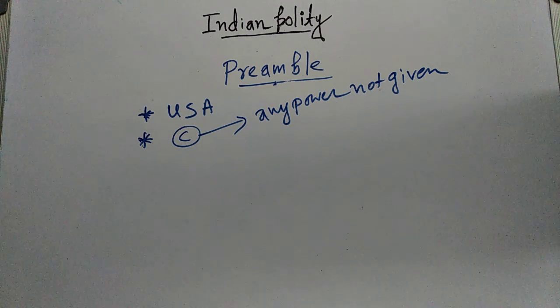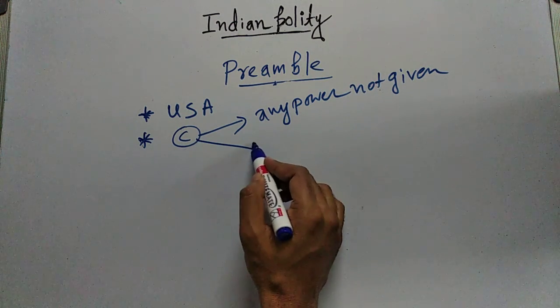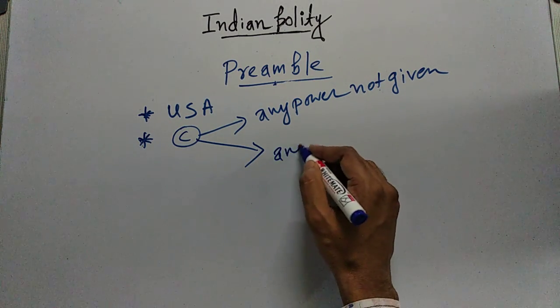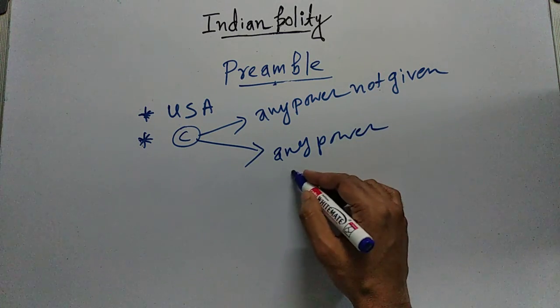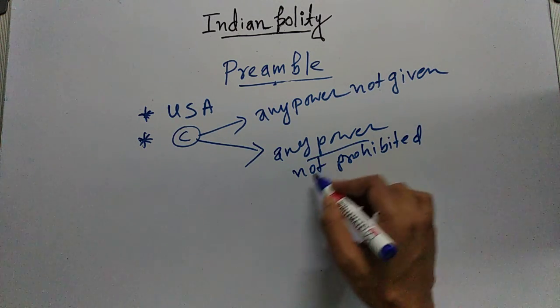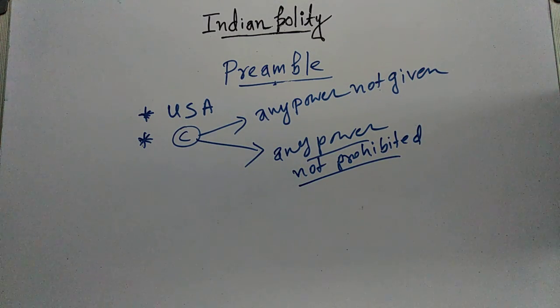That means the preamble can't provide any power that is not mentioned in the Constitution. That means the preamble is not the source of power. And let's take another situation where suppose any power is not prohibited by the Indian Constitution, then the preamble cannot prohibit that power. That means the preamble cannot give you any power, and cannot snatch any power from you. That means the preamble is neither the source of power nor a prohibition upon the power.